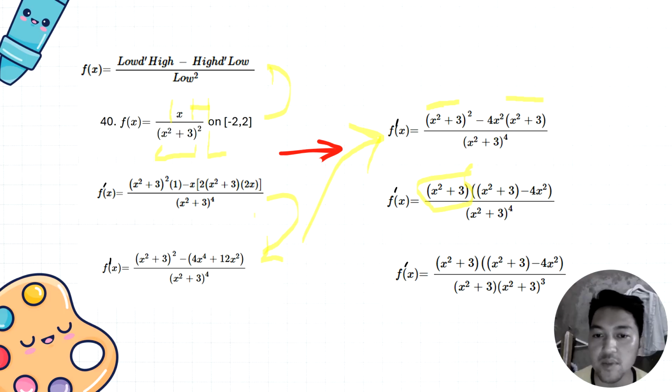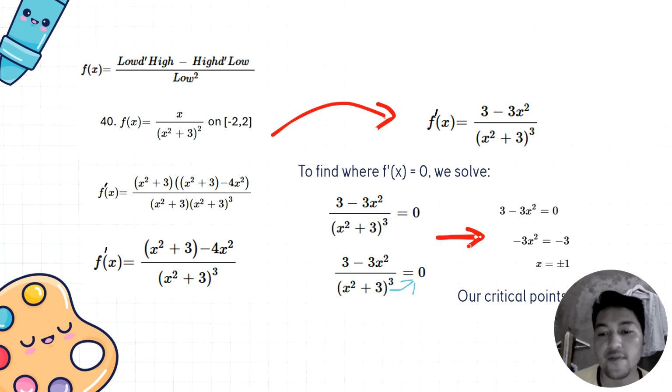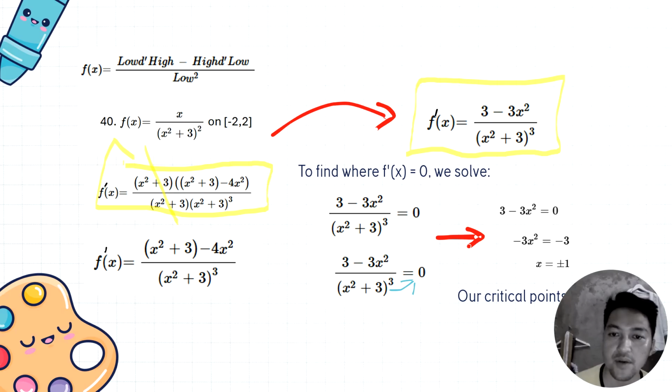So we have x squared plus 3 times the difference of x squared plus 3 minus 4x squared. Then we divide both numerator and denominator by the common factor, and the remaining terms are x squared plus 3 minus 4x squared all over x squared plus 3 to the power of 3. That is the final simplification of our original task.